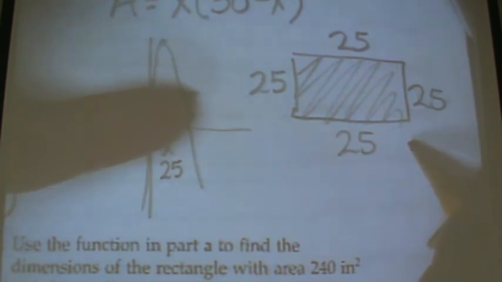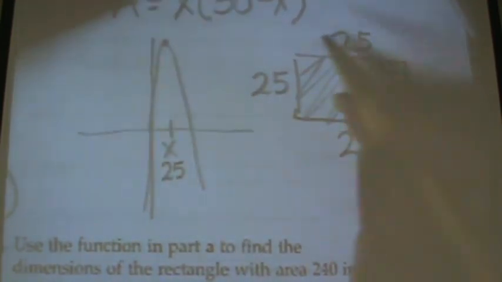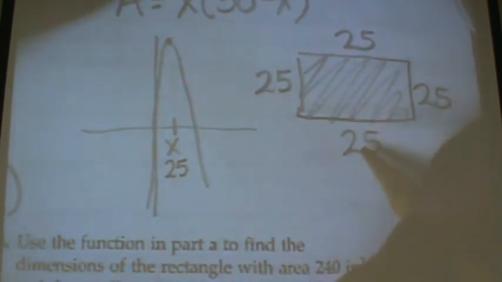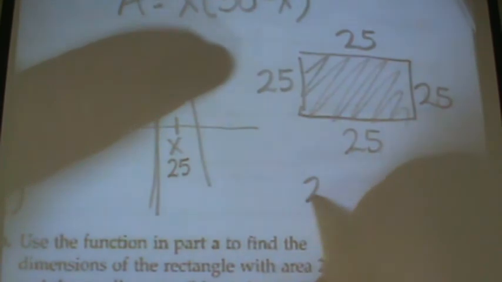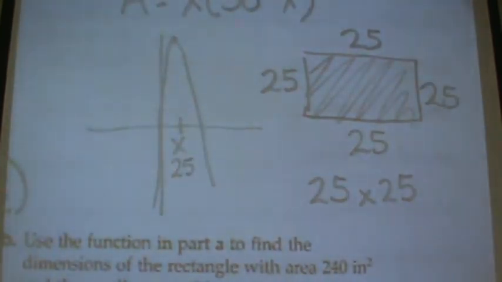Now, does that mean those are the only dimensions of this rectangle? No. You can get 100 with different numbers, right? But to get the biggest area, if the dimensions are 25 by 25, you've maximized your area. Does that make sense?